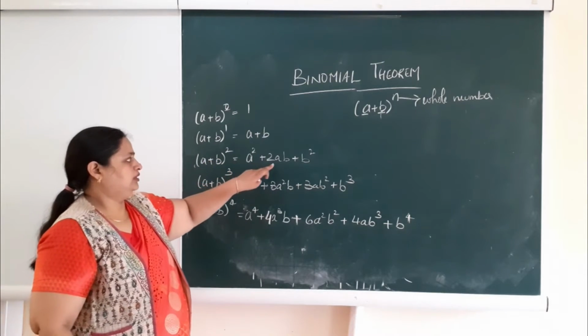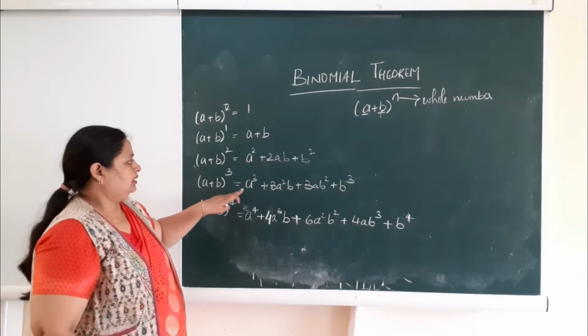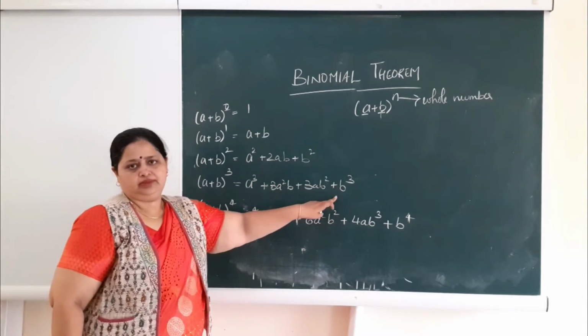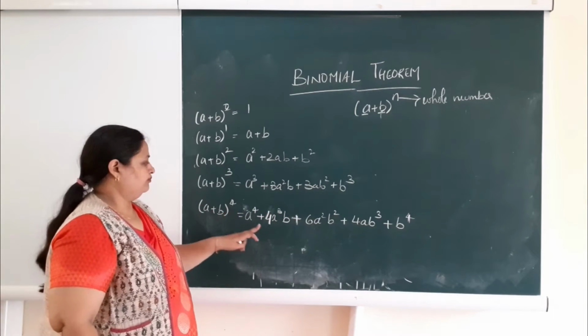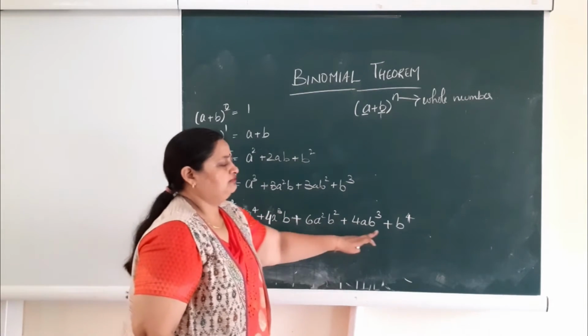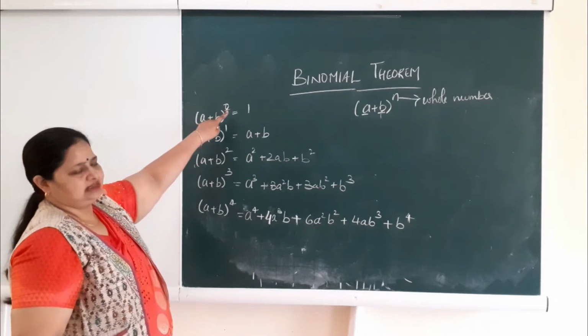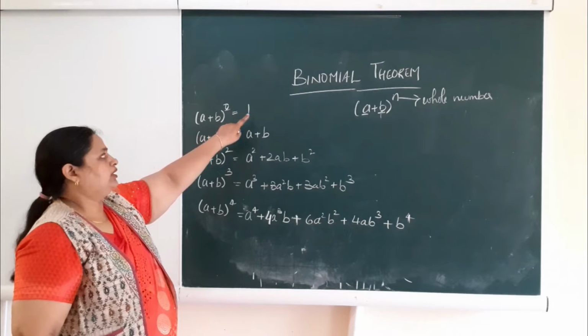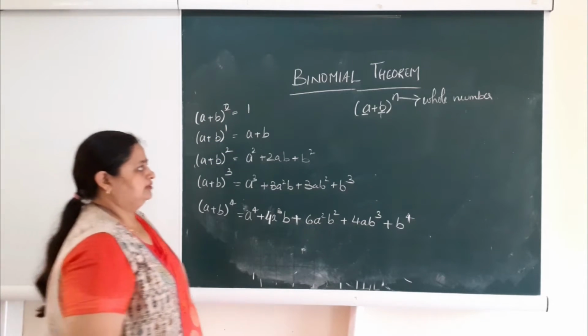How many terms? 3. Here the index is 3, and we have 4 terms. And here the index is 4 and terms are 5. So what does it mean? Whatever the index is, the number of terms is 1 more than the index.